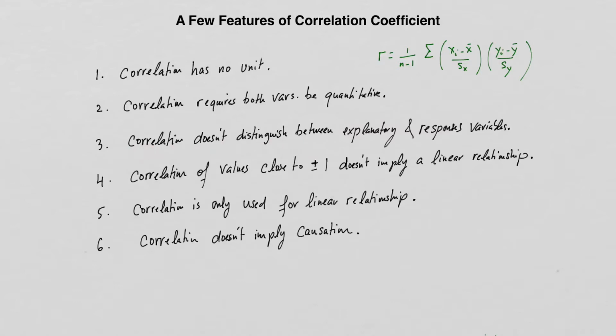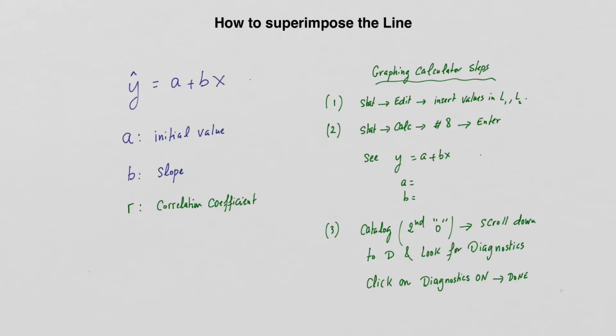The correlation between two variables does not differentiate between who is the X and who is the Y. Let me just say this quickly.